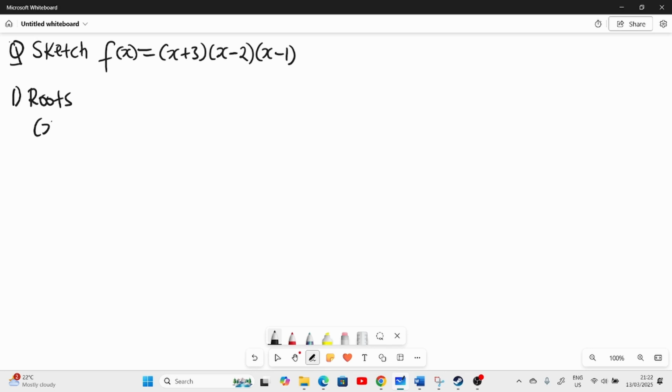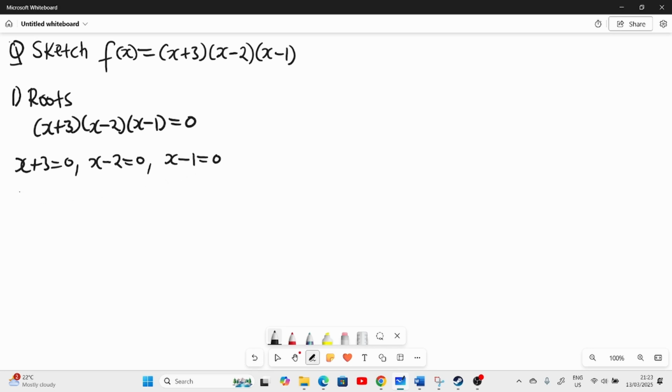You equate the polynomial, (x + 3)(x - 2)(x - 1), to 0, then find the values of x for these different factors. So it will be x + 3 = 0, x - 2 = 0, and x - 1 = 0.